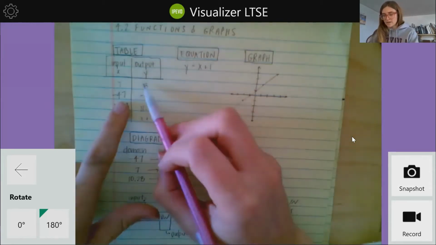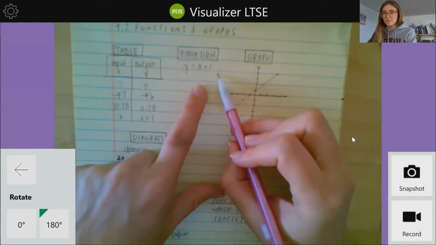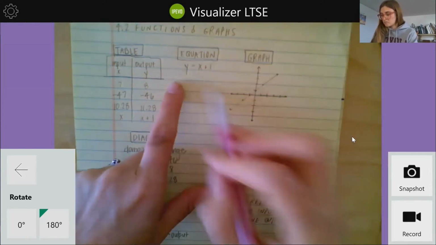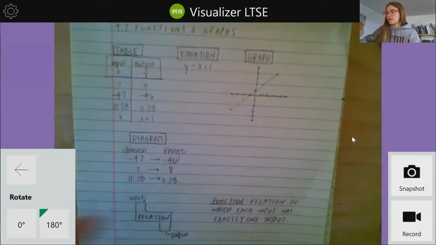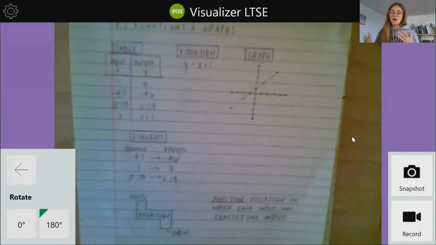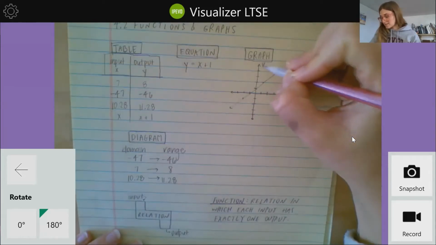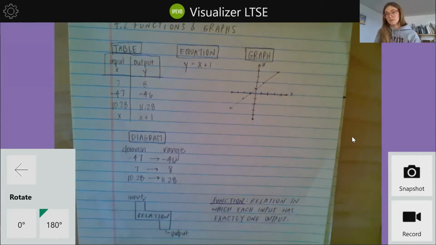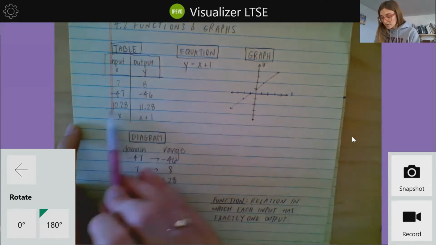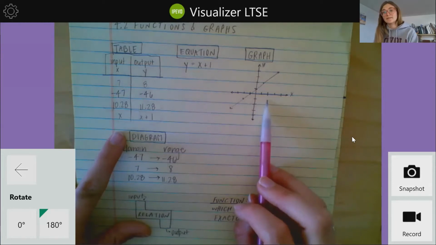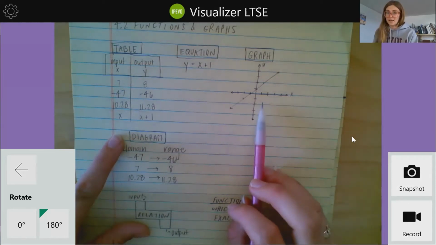So in addition to a table, we have an equation. An equation is just written with variables and numbers, and it shows a way of relating 2 or more variables to one another. A graph is on our coordinate plane where we have our y-axis and our x-axis. Each grouping in this table shows up as coordinates on our coordinate plane.